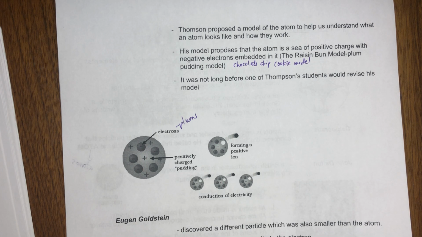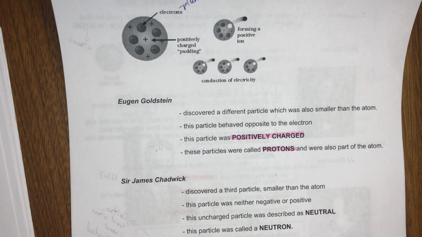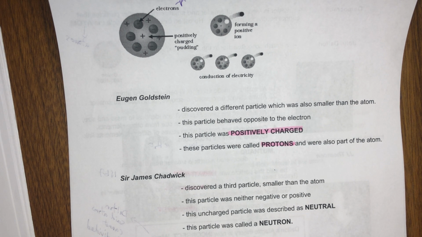Sir James Chadwick discovered a third particle, and this was also smaller than the atom. It was neither negative nor positive. It was actually neutral and called the neutron.